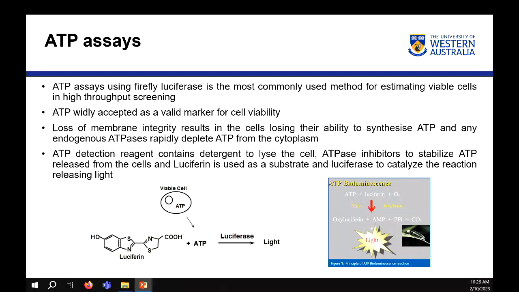So ATP detection reagents contain detergent. The detergent lyses the cell. ATPase inhibitors are present to stabilize the ATP that's released from the cells, and then it contains luciferin, which is used as a substrate, and luciferase to catalyze the reaction, releasing light. So you can see they're all quite simple, but very effective.